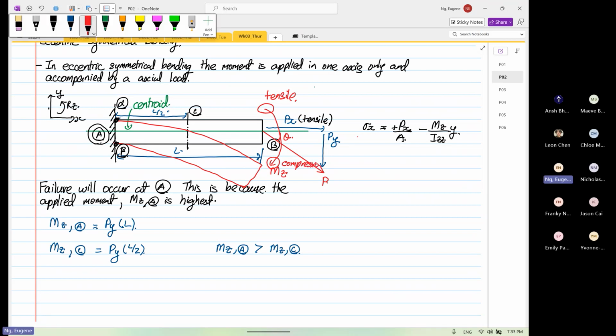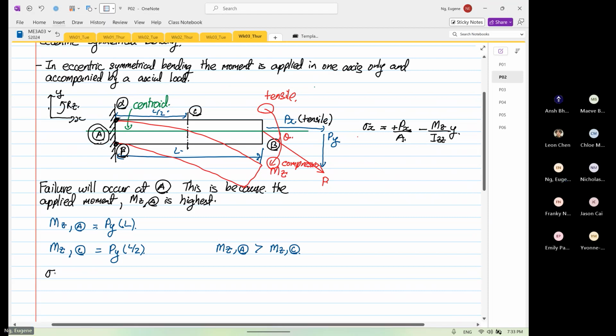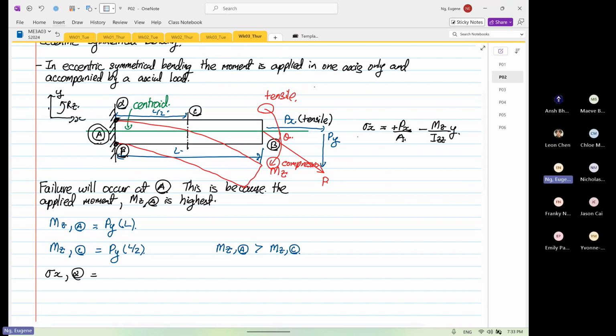So from here, we can immediately write down that stress X at point alpha is equal to, now, Px over A, regardless of whether it is point A or point C, is always constant. Okay, so it's plus Px over A, right? Whether it is at point A or point C, or alpha or beta, Px over A is always a constant.